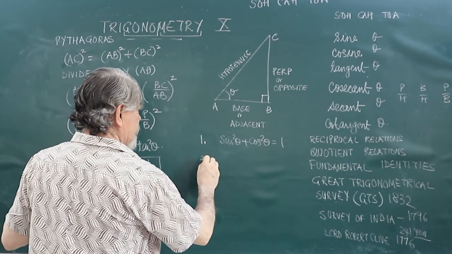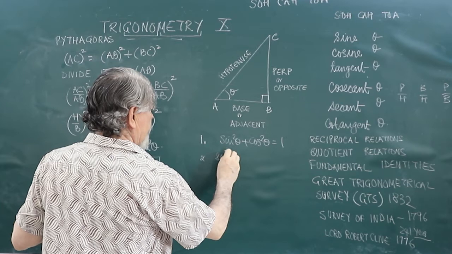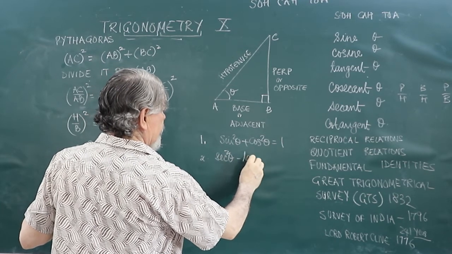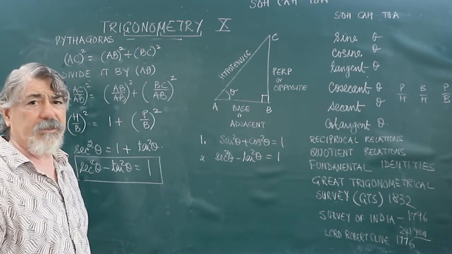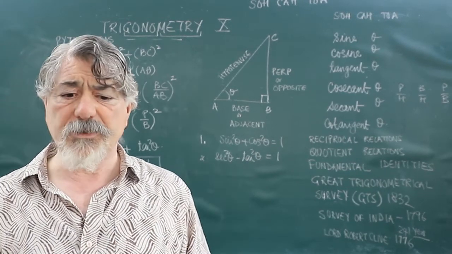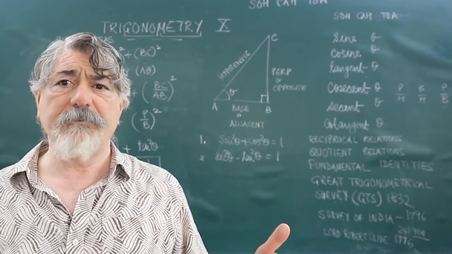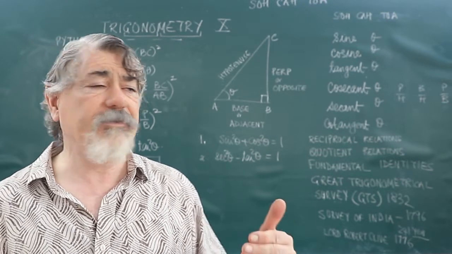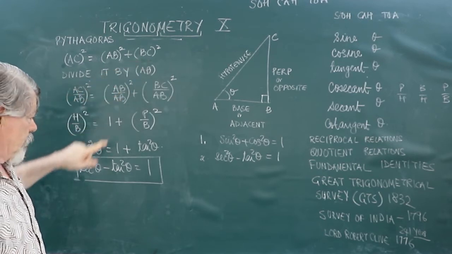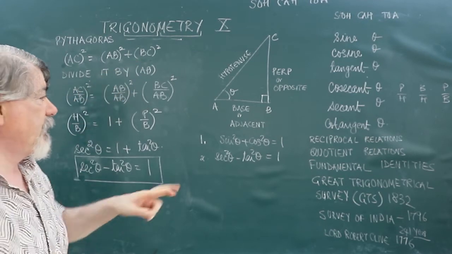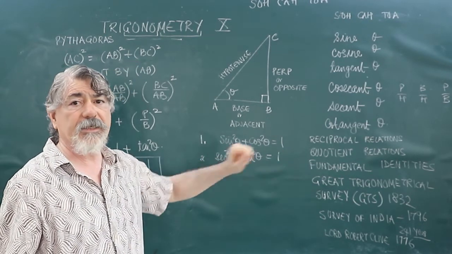Second one is sec square theta minus tan square theta is 1. And there is nothing to remember in it or mug up. I wrote Pythagoras Theorem, then I divided first by AC, then by AB, and then I'll divide it by BC now. And I've got two relations already. Sin square theta plus cos square theta is equal to 1.